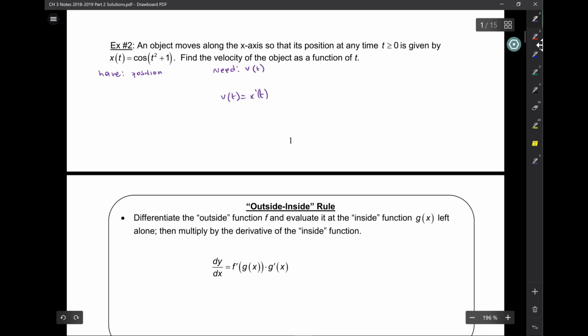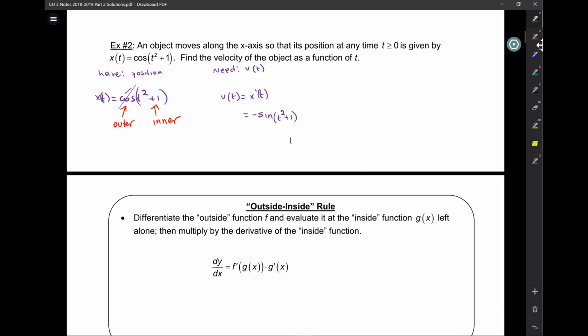Right? So v of t is x prime of t, the first derivative. So now I have cosine of t squared plus 1. Again, identify your outside and your inside function. What's the outer function? Cosine, outer, and then this is your inner. That's exactly how I do it. So this is equal to the derivative of the outer, that's negative sine of t squared plus 1. And then when I take a derivative of that one, either put a check mark on top or cross it off so you don't get confused.